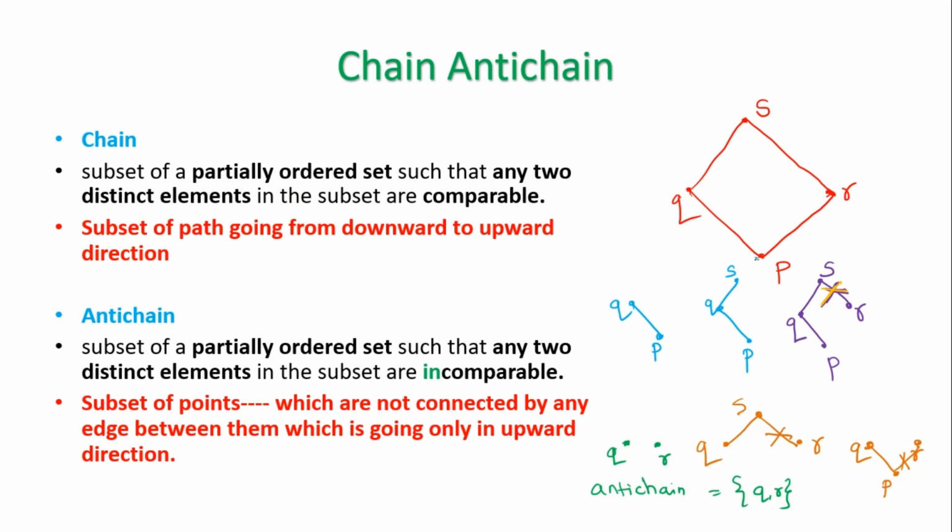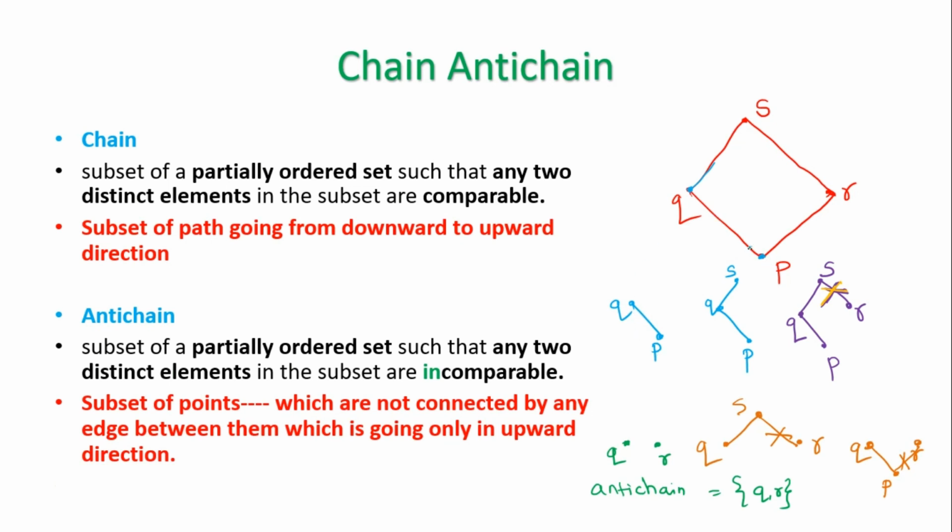In simple words, we can say a chain is a line going from the bottom part to the uppermost vertex, and in that we have a path which goes only in the upward direction. In between, we do not travel in the downward direction from any point. Such subsets or sub-diagrams we have to create. Then that subset will be called a chain.